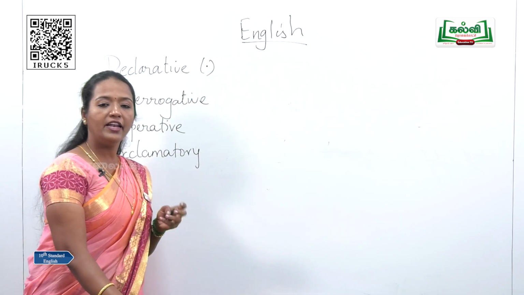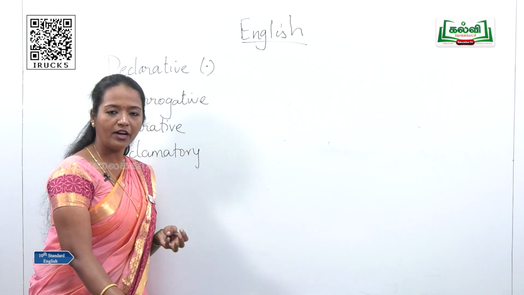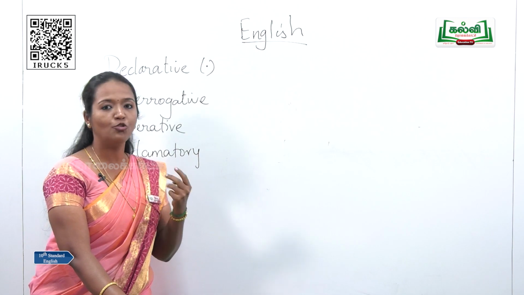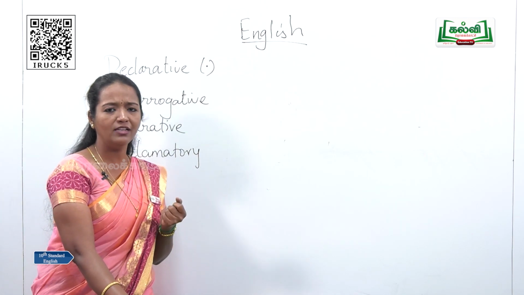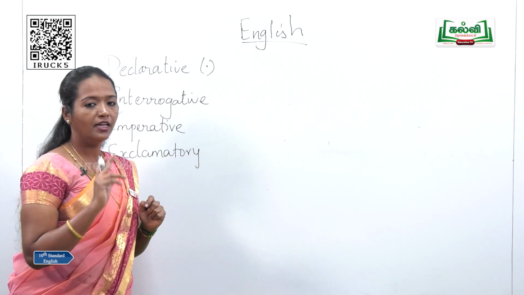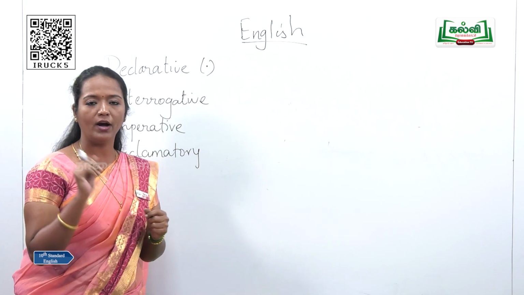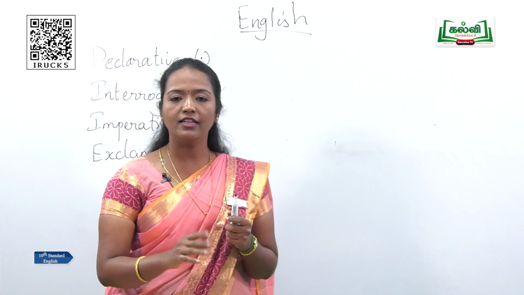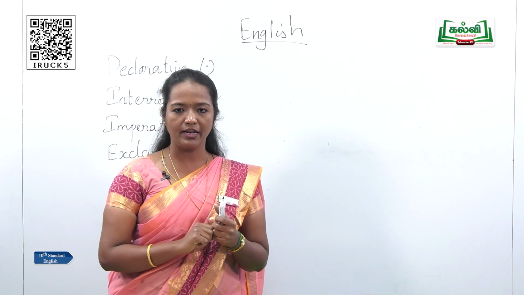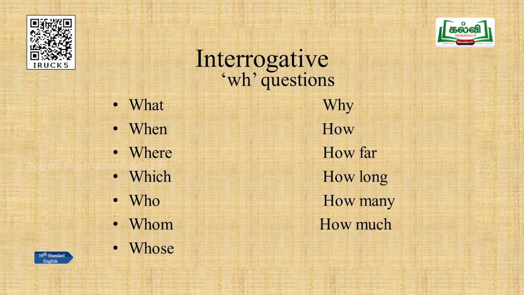And what is an interrogative sentence? Interrogative sentences are questions. They ask questions to obtain answers, to obtain some information, right? So when we think about questions, there are two types of questions. One is WH question and the other one is yes or no type questions, where we use auxiliary verbs. Now look at this. So what are the WH words that we have?